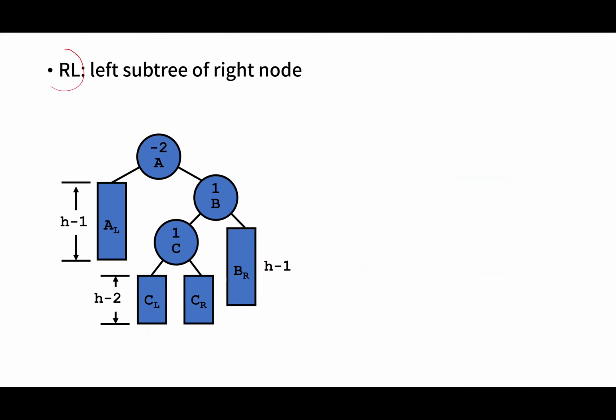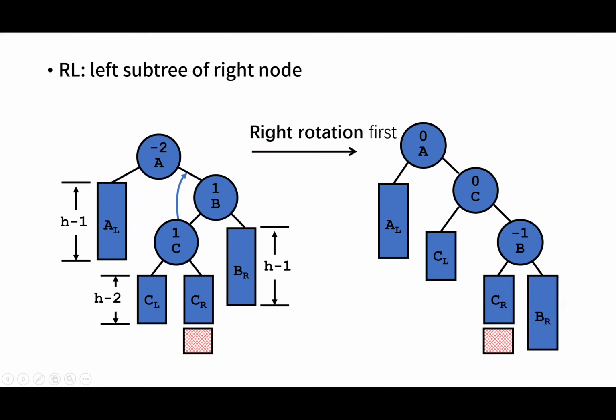Another type of unbalanced tree is RL. Insert a node on the left child of the right tree, left tree. If we insert something in here or here, and make this node unbalanced, this is called RL type. First, we rotate the lower node to between them, become this.